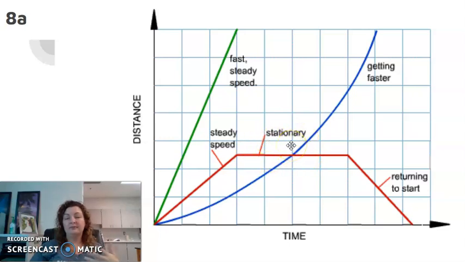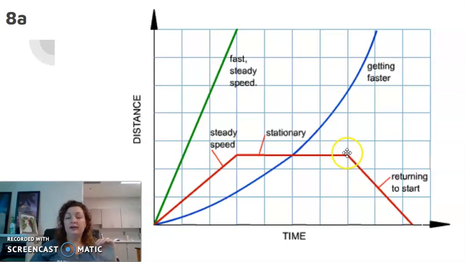Stationary just means at rest or not moving, right? So time is still passing. If you look on our graph, time is still passing, but they're not moving anywhere. They're not going further away from where they started. They're not going closer to where they started. They're staying in the same location. However, time is still passing by, all right?